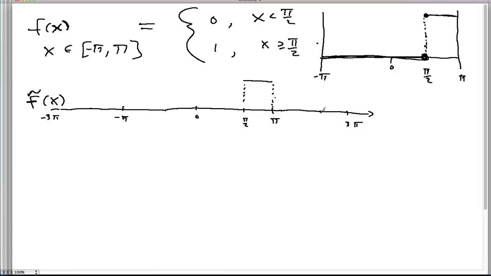And then there'll be another step right there, and another step right here at negative pi over 2, and another one here. So we see this is sort of like a periodic step function, like a periodic pulse.